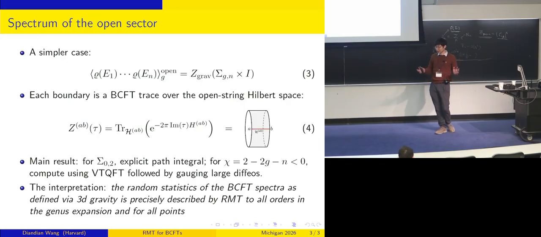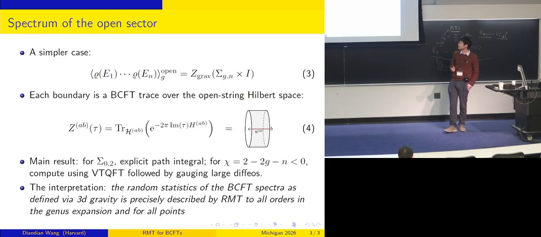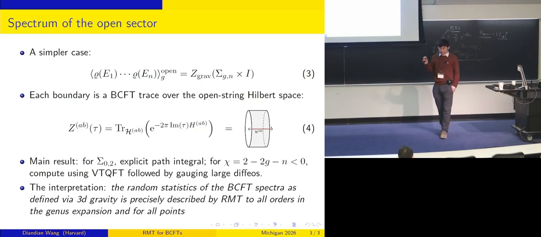The closed strings are slightly more difficult because they have both energy and spin. Here, the main simplification is that open strings in the 2D CFT only have energy, so there's no spin dependence. These correlators look like rho of E1 through rho of En, at genus G. The proposal is that the open sector is described by a single matrix model. There's no spin dependence, so there's no need for RMT2, for example.